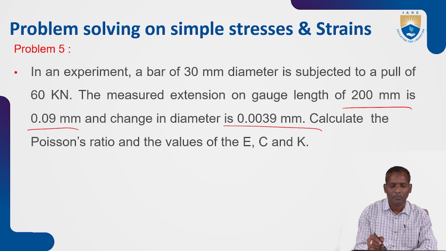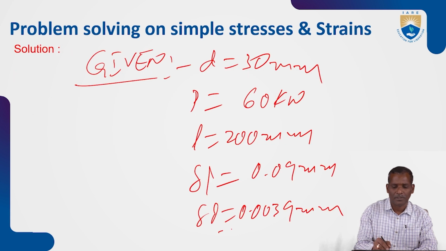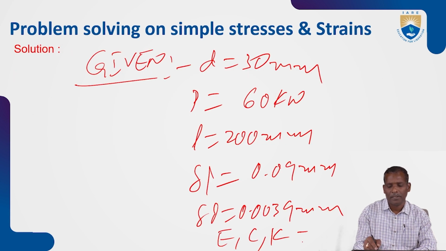Then the Poisson ratio needs to be calculated, and then the values of E, C and K need to be calculated.